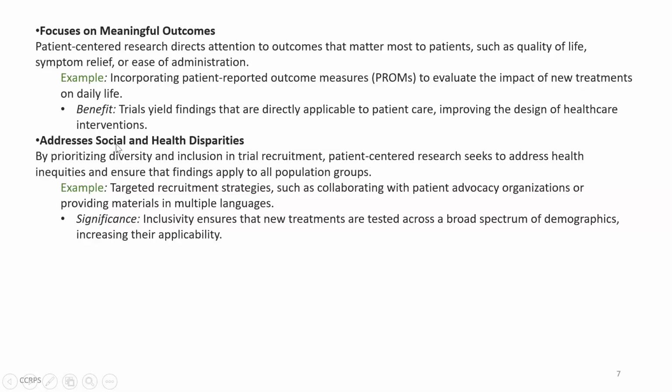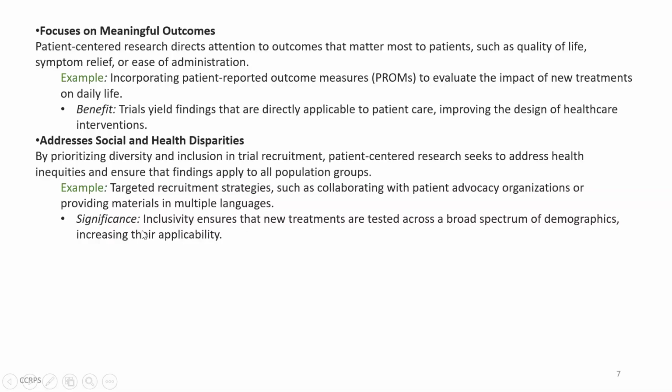Addresses social and health disparities by prioritizing diversity and inclusion. In trial recruitment, patient-centered research seeks to address health inequalities and ensure that findings apply to all population groups. Example: targeted recruitment strategies such as collaborating with patient advocacy organizations or providing materials in multiple languages.